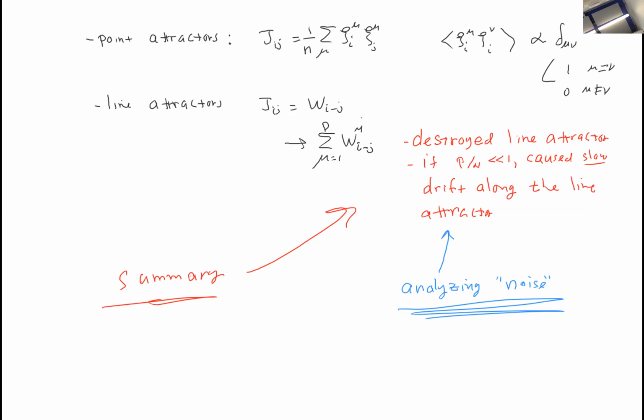Okay, so we're going to switch gears a little bit. But the fact that the line attractors are so easy to destroy might make you worry: how does the brain possibly produce the right connectivity? It's got to learn the connectivity, okay? So we're going to switch gears and talk about learning.